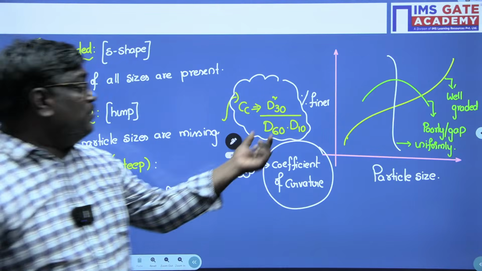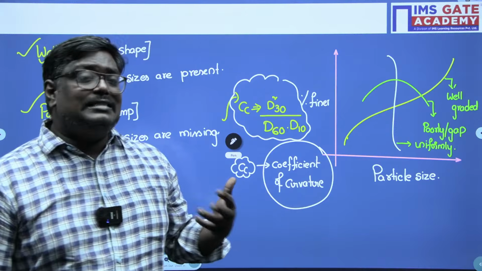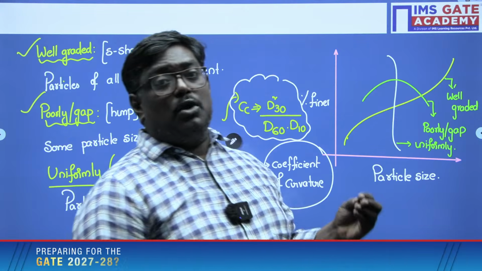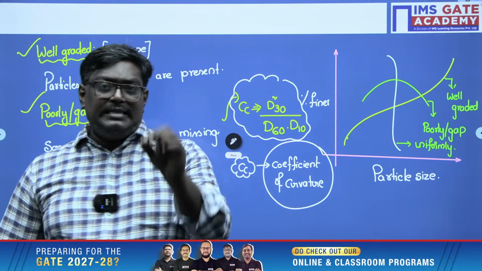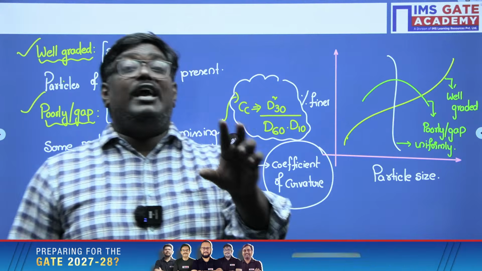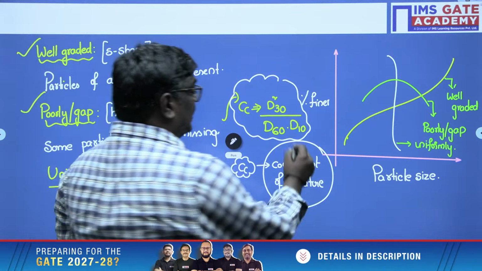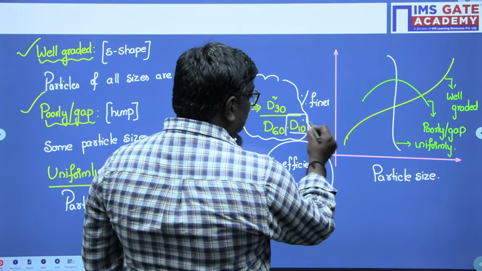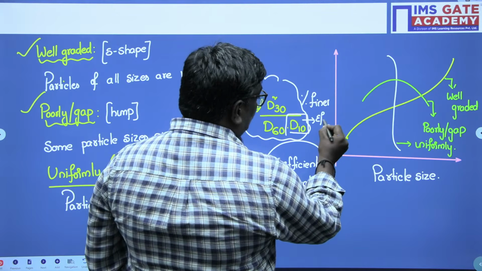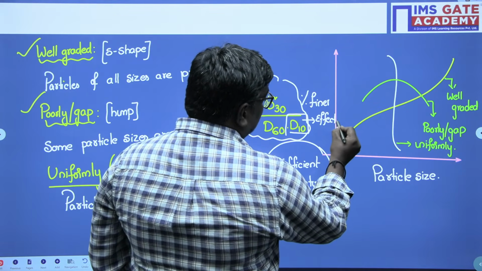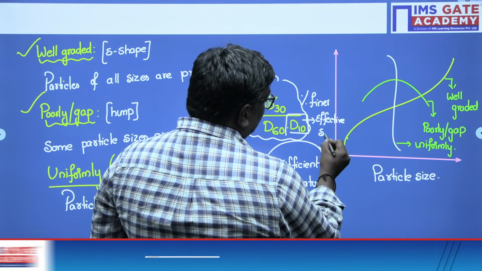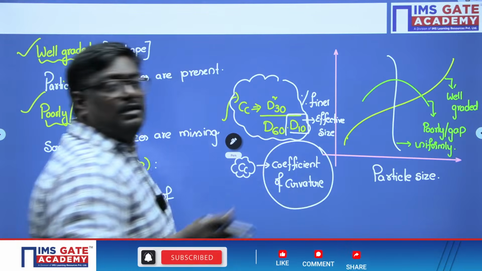Now you can ask me what is D10? D10 is nothing but the effective size. What is effective size, sir? It is the size of the sieve where 10% of the particles are passing. Please remember, they can ask you directly what the effective size is, and they can give you D30, D60, D10 in the options.